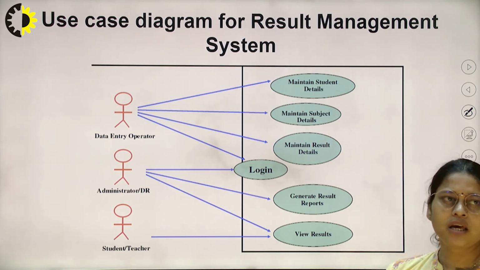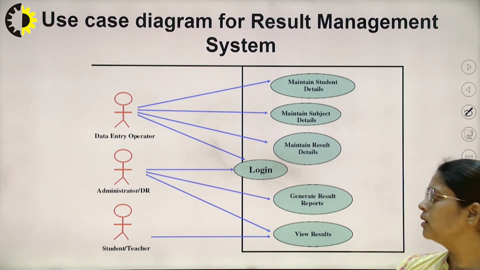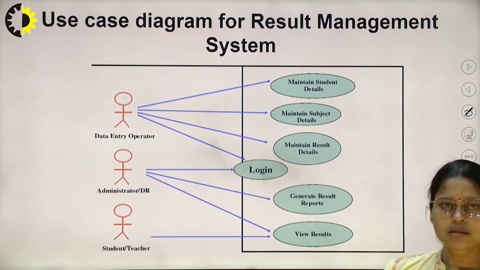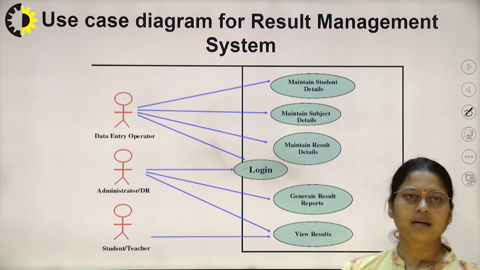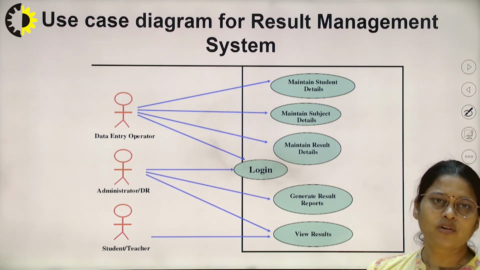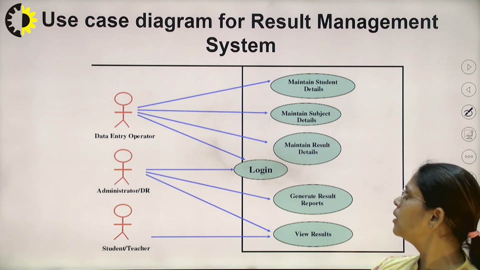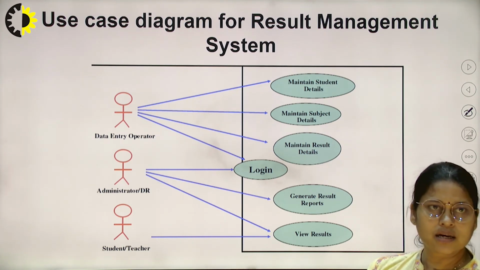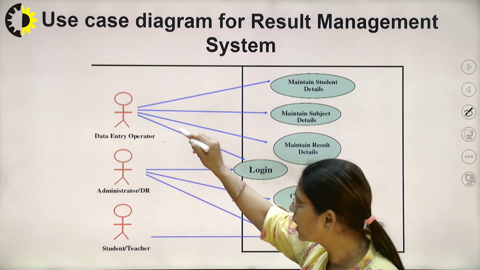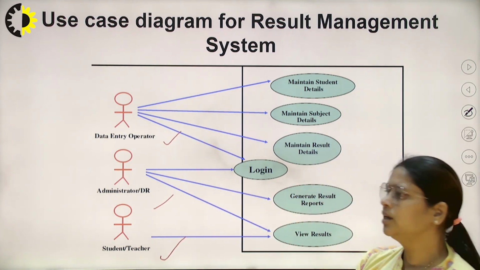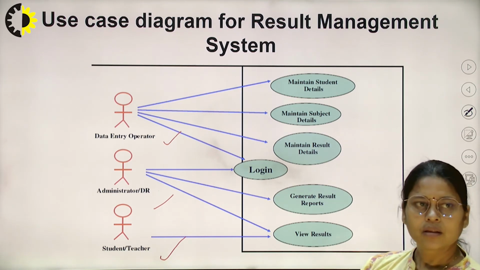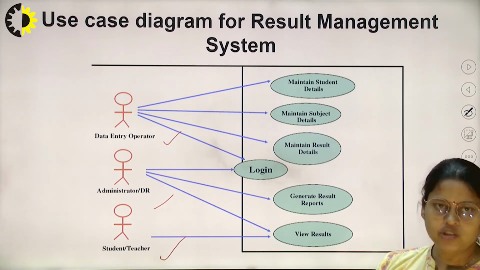So this is an example of a use case diagram for the result management system. As we are all aware of the concept of a result management system, we are all already using such a system. Suppose there are three actors involved in this process. One is the data entry operator, another is the admin, and another is the student or teacher.